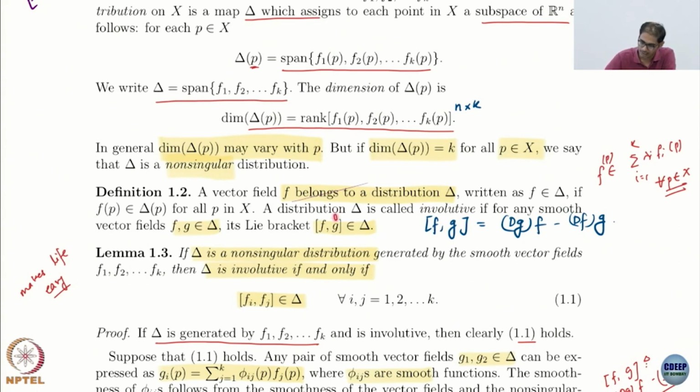Notice the Lie bracket is not some linear combination or anything, right? Lie bracket is a sort of a bracket operation. But we know that the Lie bracket also gives a new vector field. So what are we saying? If two vector fields belong to a distribution, this new vector field also belongs in the distribution, okay.